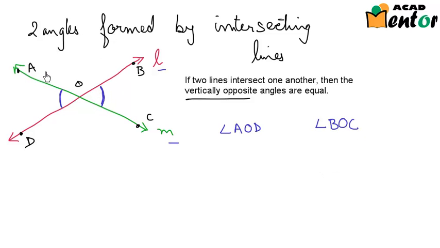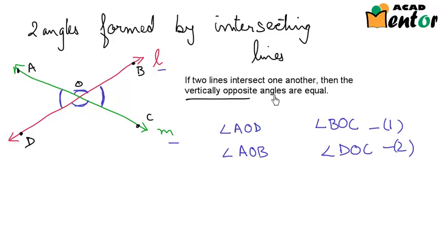Similarly, if we look at this angle, angle AOB, and also an angle directly opposite to it, that is angle DOC, this one, then they are also a pair of vertically opposite angles. So angle AOB and angle DOC. Now this is the first pair and this is the second pair of vertically opposite angles.